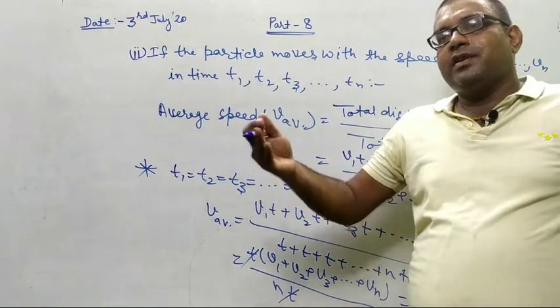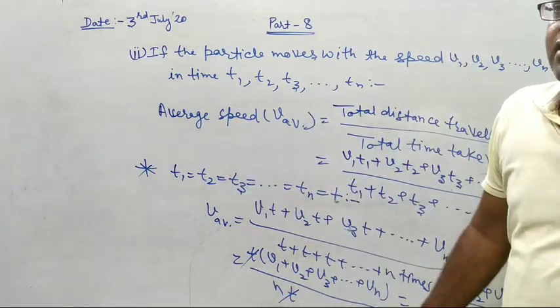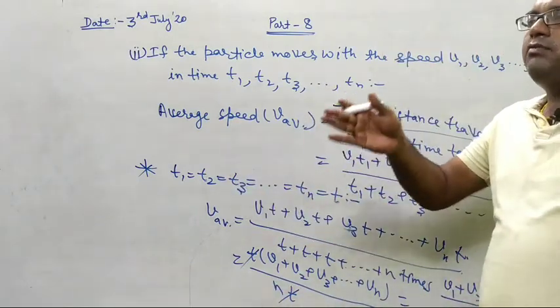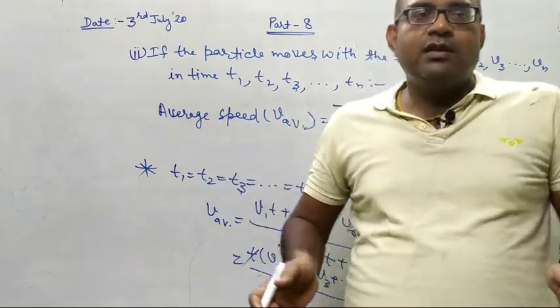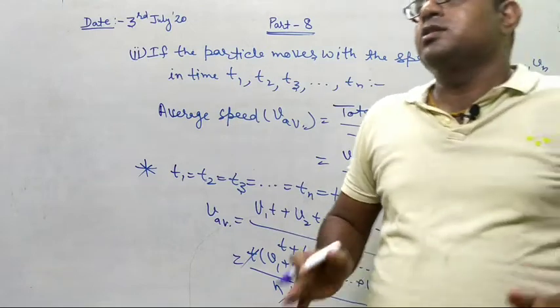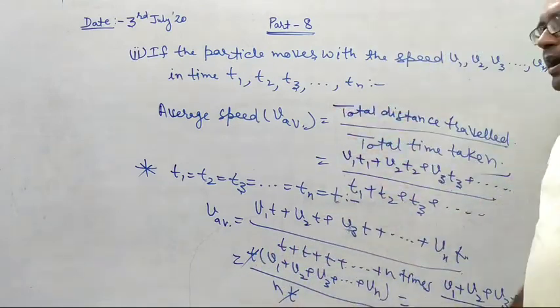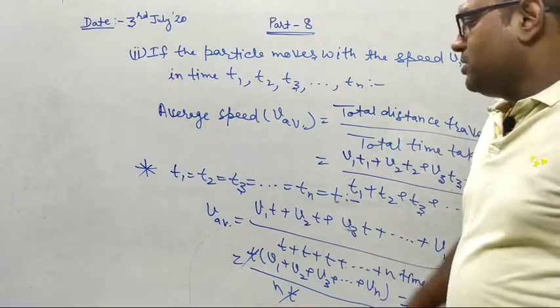So average velocity or average speed can be calculated as the sum of all the velocities divided by the number of velocities, by taking the average of the number of velocities you can calculate.